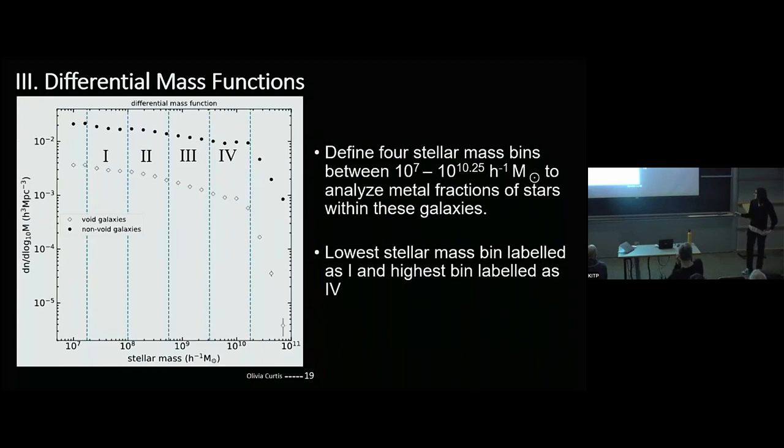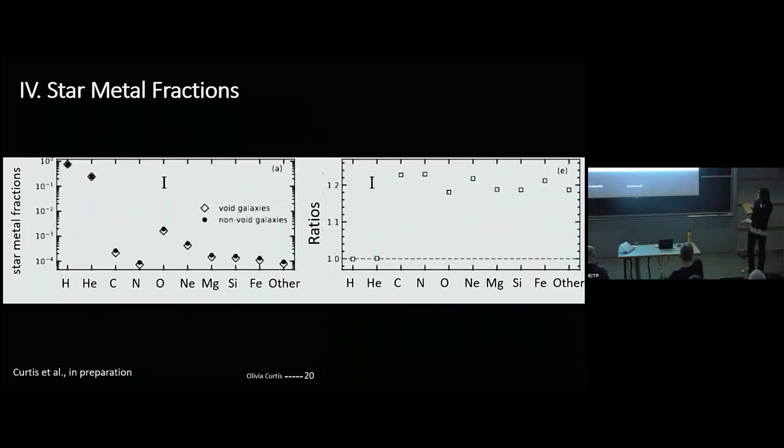For all of the galaxies, say within this first stellar mass bin, I looked at the average chemical abundance ratios of some different constituent elements within stars and gas cells within the simulations. Plotted here are again the chemical abundance ratios, or star metal fractions, for some constituent elements within stars within the void galaxies as diamonds and the non-void galaxies as black circles.